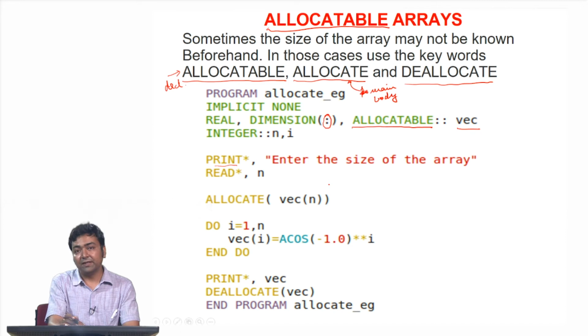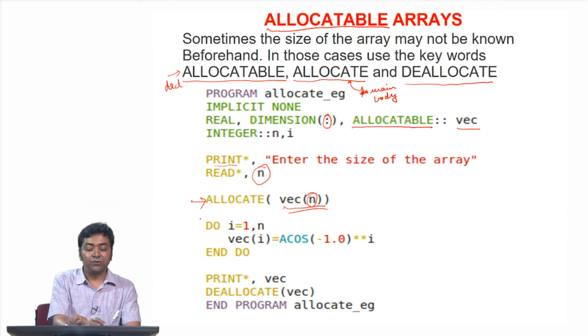When the user sees this while running the program, he or she will enter a number, the value of which determines the dimension of my array. This is stored in the value n. Then I use the allocate statement in my program and assign the vector the dimension n.